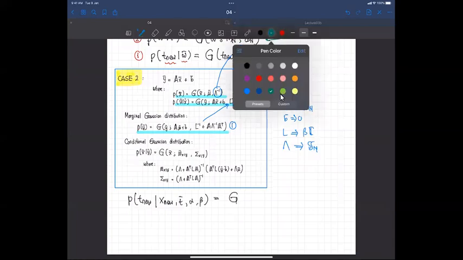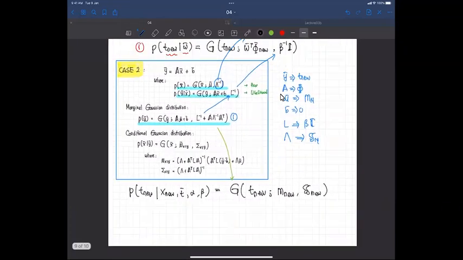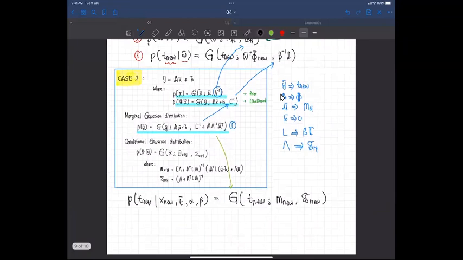According to this equation, it will be Gaussian. Gaussian of P nu with mean of, let's say, M nu and H nu. Okay, so that's something that we want to know, and nu is equal to this one.